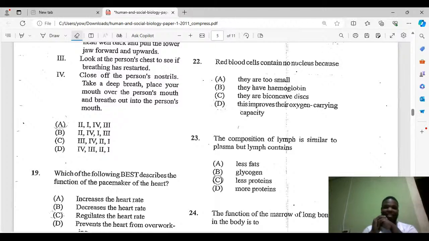The nephron, the Bowman's capsule. Remember, the glomerulus is inside of the C shape. The nephron is the entire thing, and the Bowman's capsule is a part of the nephron.